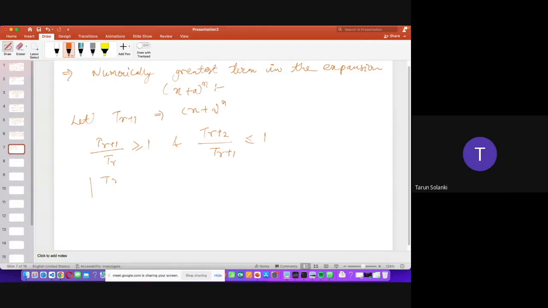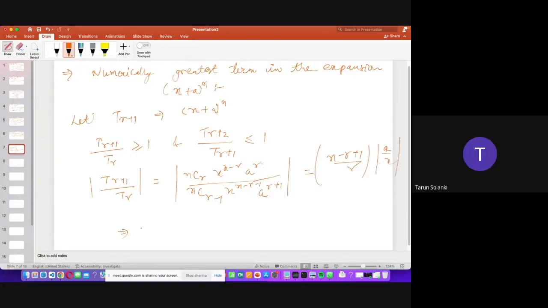So here we can say T(r+1) and T(r), that becomes nCr x^(n−r) a^r over nC(r−1) x^(n−r+1) a^(r−1). So it becomes (n − r + 1)/r times a/x. Correct.